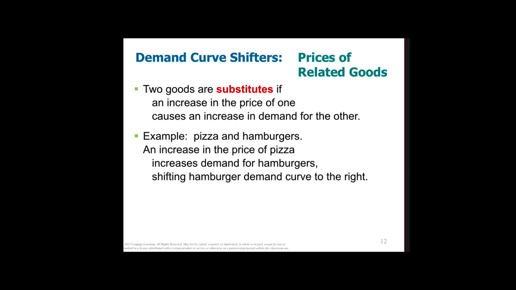So, the change in the price of the original good. If we're graphing demand for pizza, and I tell you the price of hamburgers went down, demand for pizza is going to do what? It's going to decrease, it's going to shift to the left.